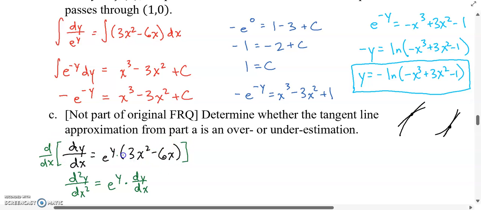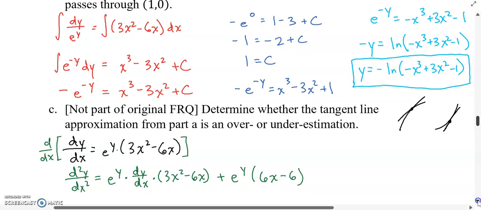So we take the derivative of e to the y with respect to x, we have to have that chain rule. Okay, so that's u prime times v. v doesn't change. Okay, so that's the u prime v, and then we're going to do plus u v prime. So e to the y times the derivative of 3x squared minus 6x, which is going to be 6x minus 6. All right, that's our second derivative.